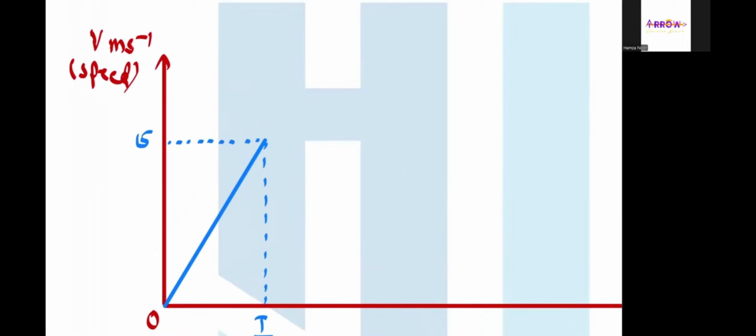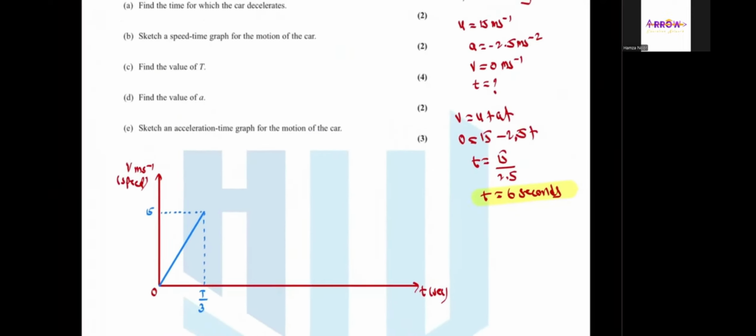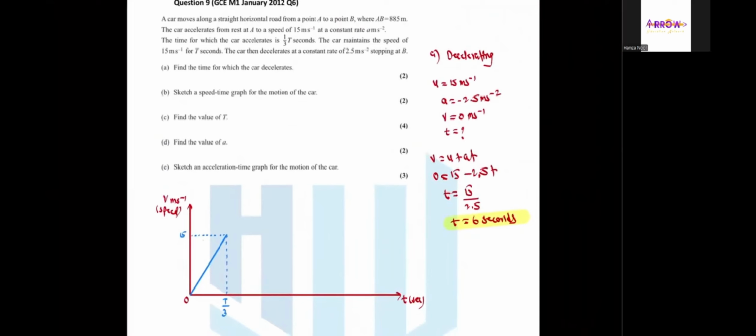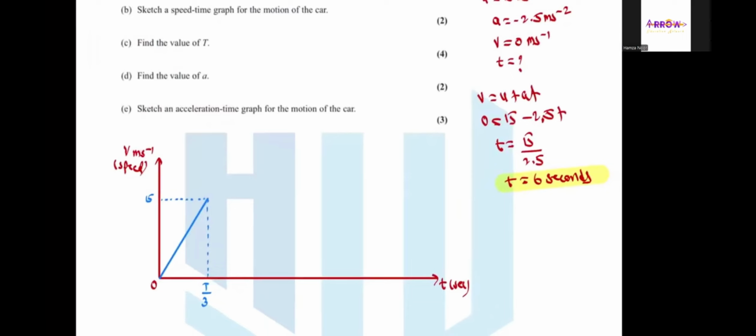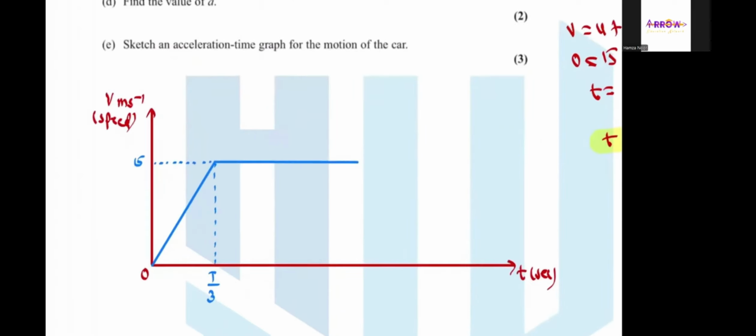Okay, and then for further t seconds, the car maintains this constant speed. The car maintains the speed of 15 meter per second for t seconds, meaning a further t seconds. So from t over 3 and onwards, for the next t seconds, we have a horizontal line. When you add t over 3 and t, t plus t over 3 is 4t over 3. So this time is 4t over 3 seconds.